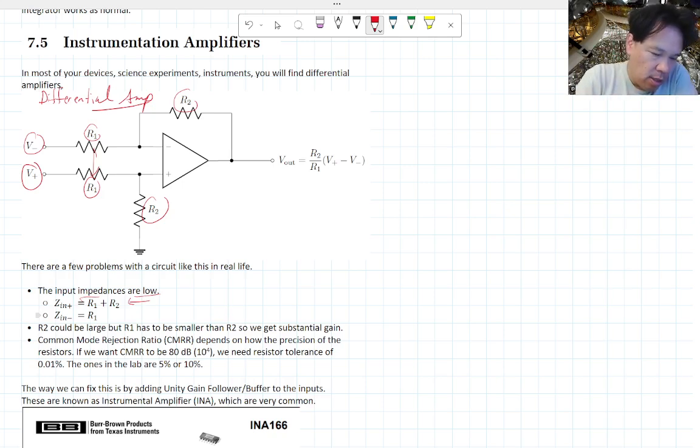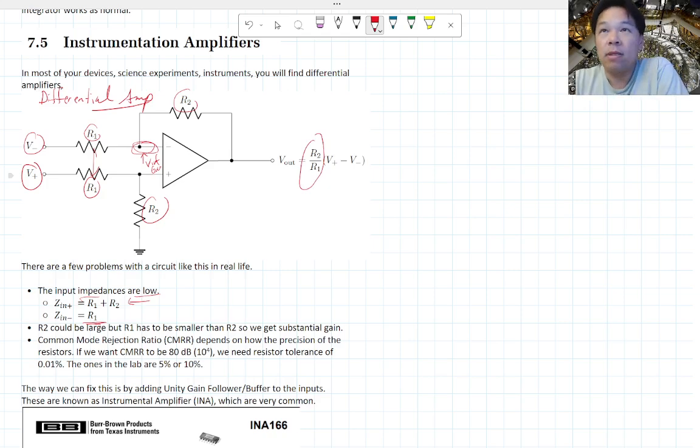It's even worse on the negative input side, because this point here is acting as a virtual ground. So what's happening is that the input impedance is basically R1, and that's it. You can pick R2 to be very large, but R1 has to be very small compared to R2, because your gain is basically the ratio between R2 and R1.